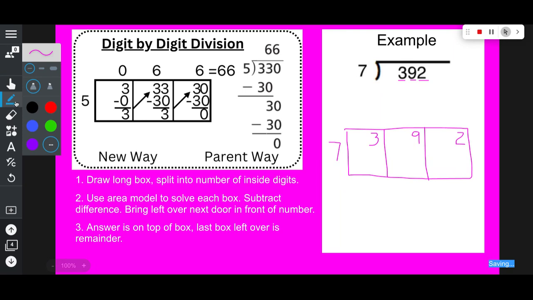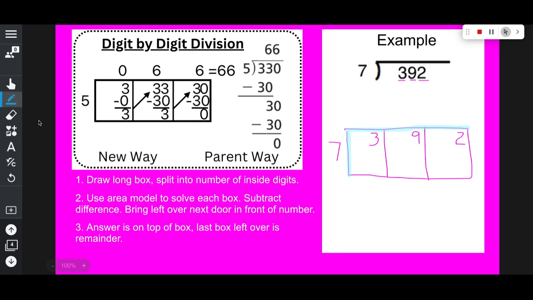Now, if you're looking at this carefully, you can see that this is still showing a division bracket here. It's just organizing our numbers a little bit more, and this is where it turns out a little more helpful to a lot of people usually using this method.